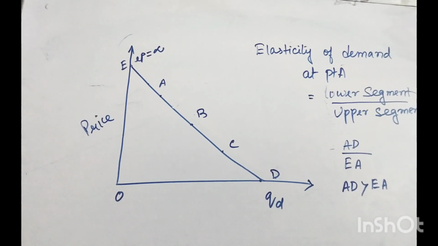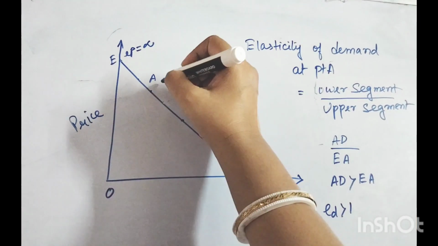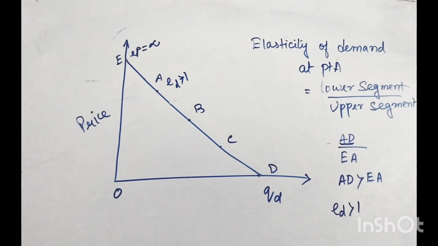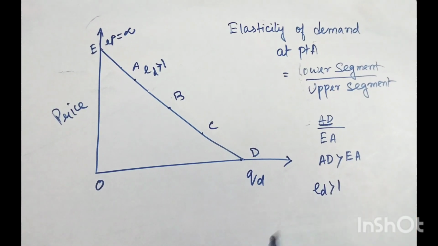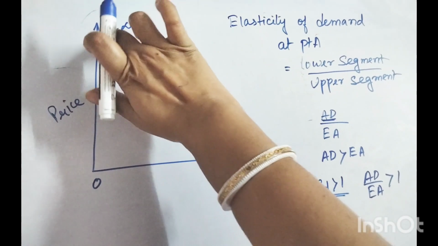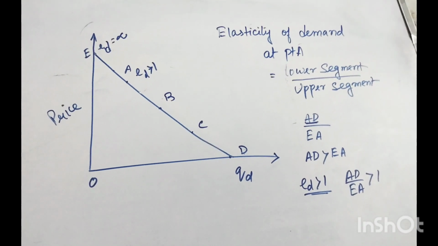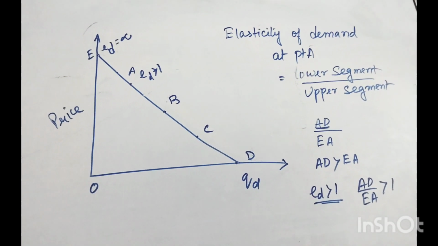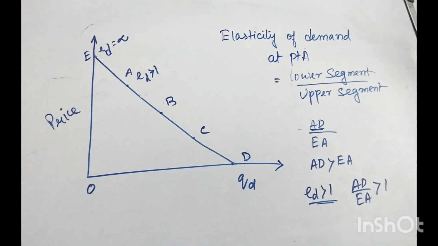Therefore AD by EA will be greater than 1, so at point A, ED will be greater than 1. This one will also be ED, not EP.